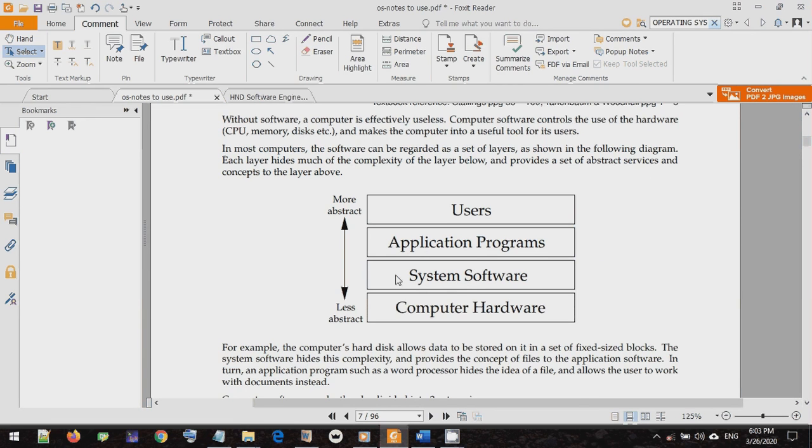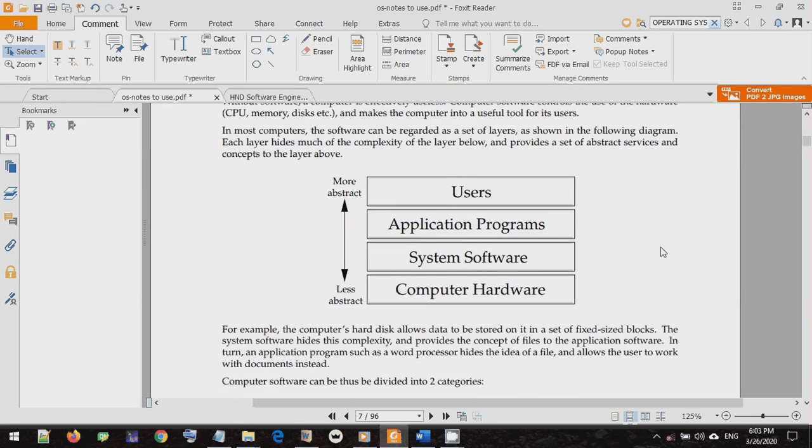The sound driver will handle the sound component of the computer hardware. Since we are dealing with the operating system, it falls in this section, system software. Application programs, on the other hand, are written programs that are installed into the operating system that give user specific functions.